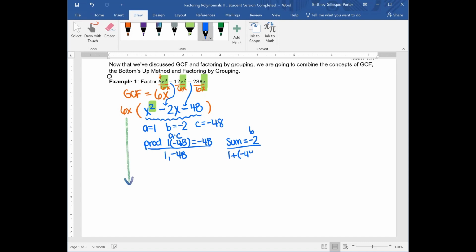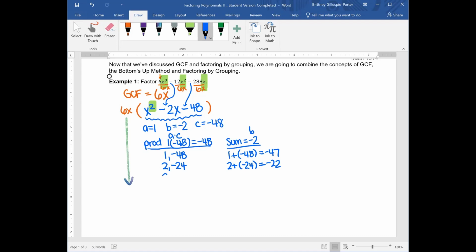But when we add 1 and negative 48, we get negative 47, which is not negative 2. So we move forward. Next number up from 1 is 2. 48 is divisible by 2. 2 times 24 gets us 48. I need one of them to be negative to get to negative 48. When I do 2 plus my negative 24, I get negative 22.